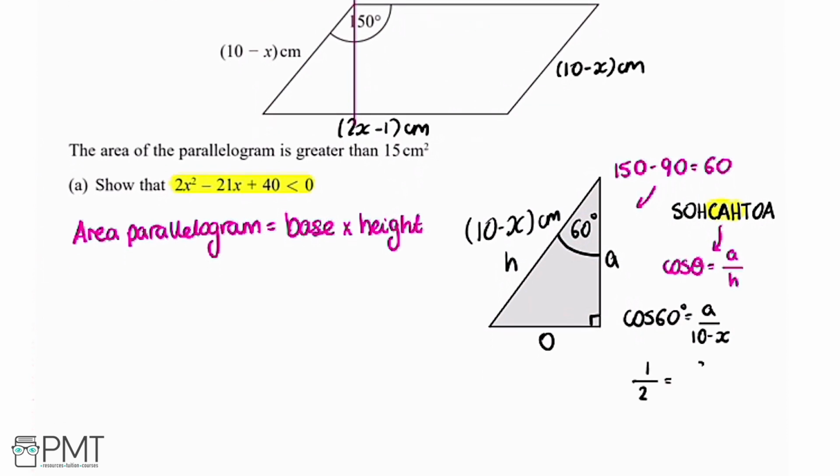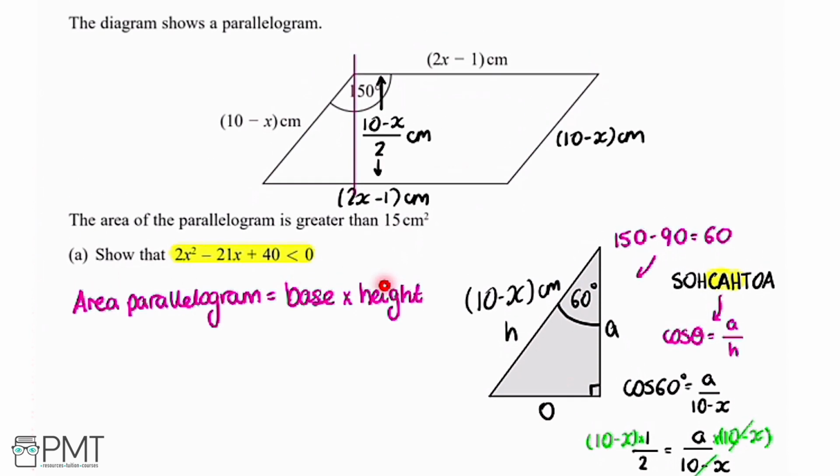So a half equals A divided by 10 minus x. We want to get A by itself, so if I multiply both sides by 10 minus x, these cancel, leaving just A. On the other side, we have 10 minus x divided by 2. Fantastic, so we now know this height is 10 minus x divided by 2.